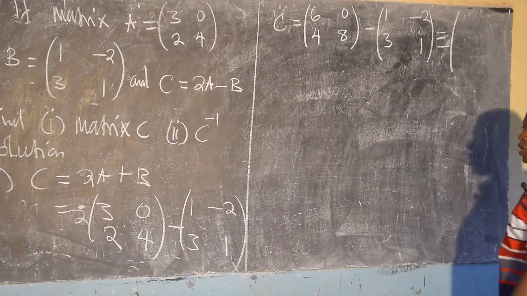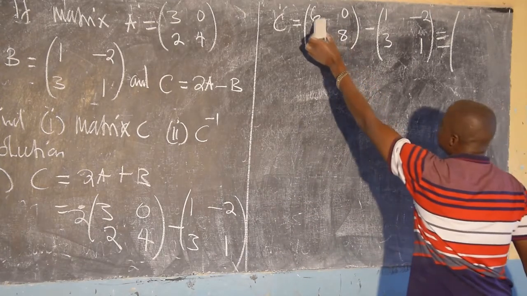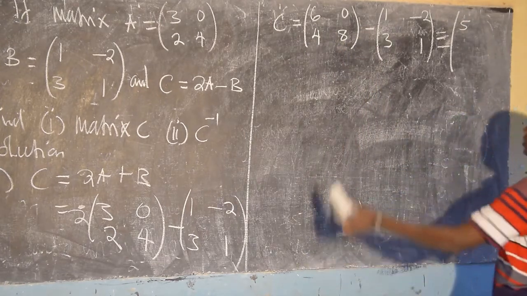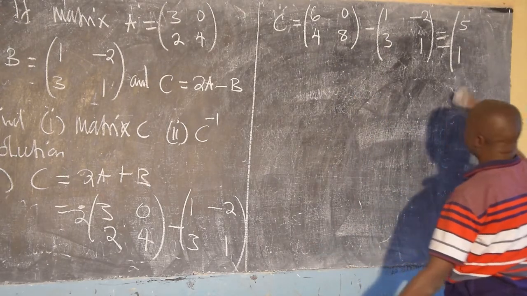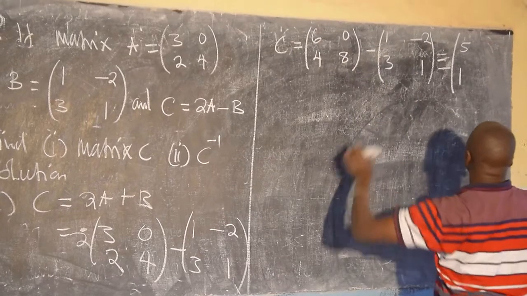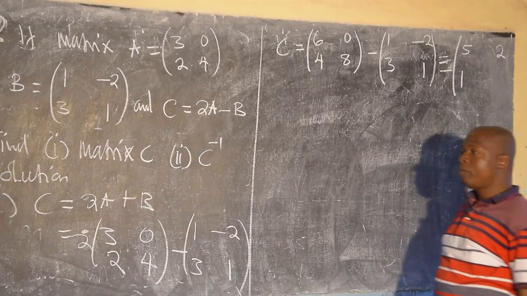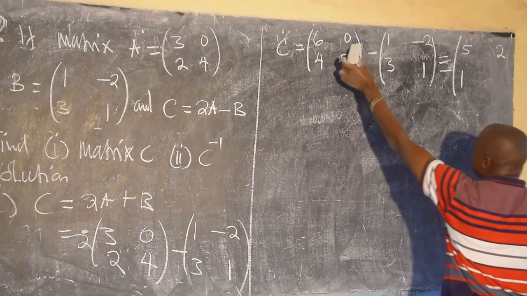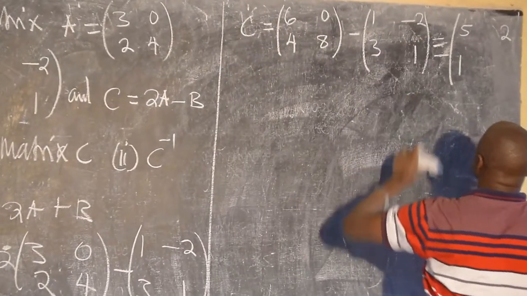That is 6 minus 1, it gives a 5. 4 minus 3, that is positive 1. 0 minus negative 2, positive 2. Allow me to repeat that. We said that 0 minus negative 2.